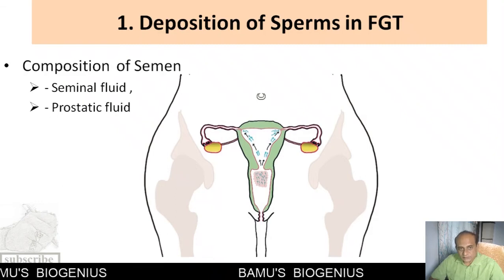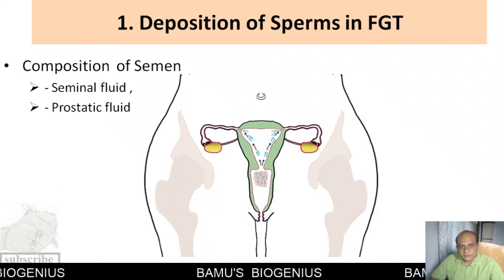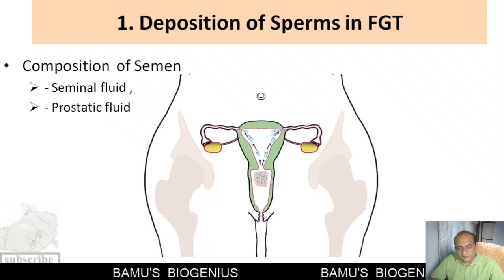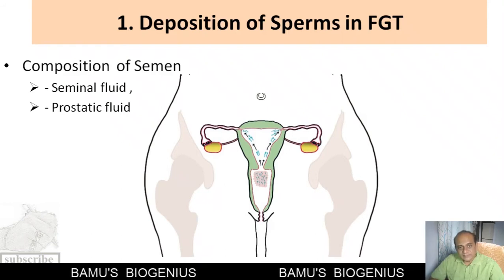Now, each of these glands has a separate kind of chemicals that are poured into the semen. Seminal fluid is an alkaline fluid, and it helps in survival of the sperms in the acidic environment of the vagina.